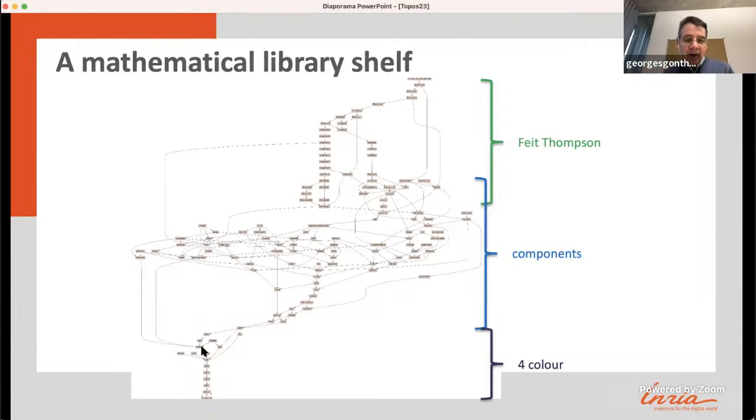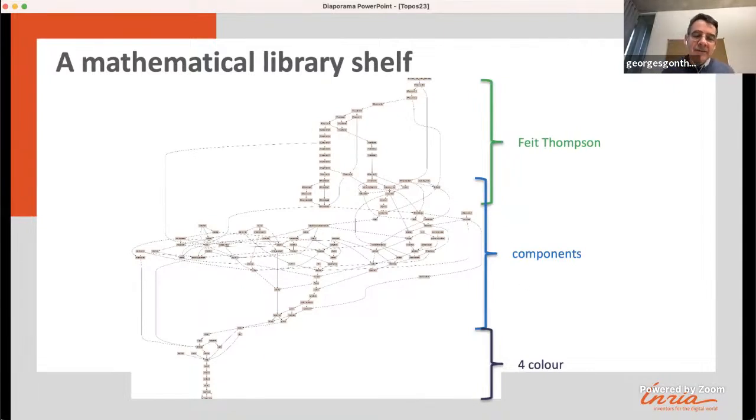And so that part is what goes into basically the four-color theorem. Then all of these parts here are the components of the library that basically encode an algebra curriculum. And then this tower that comes on top is the cathedral of the Feit-Thompson proof.